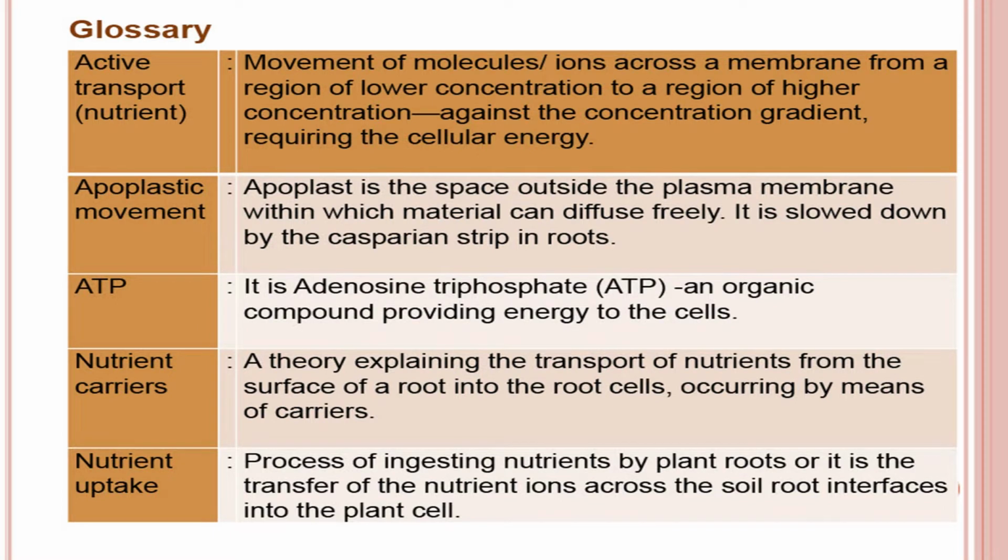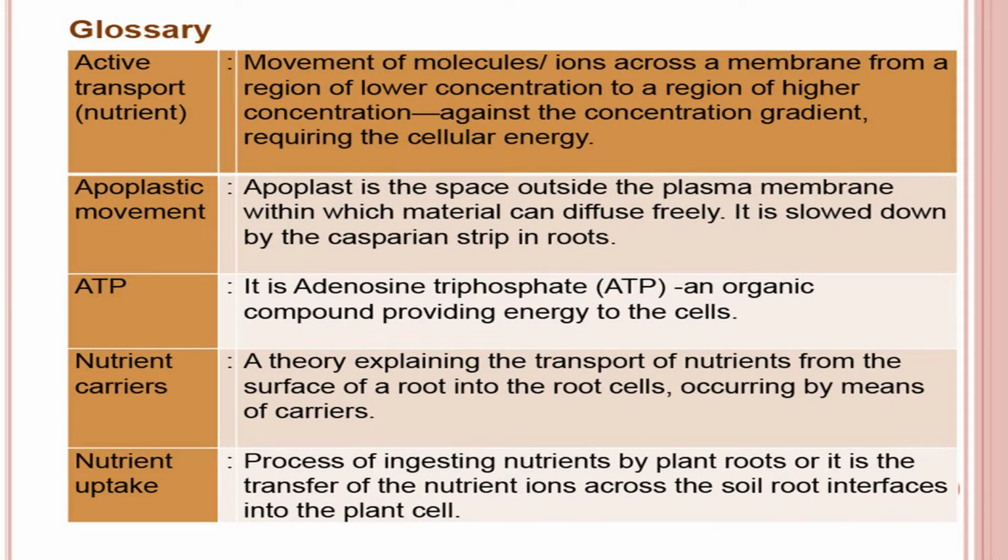Then next is apoplastic movement. Apoplast is the space outside the plasma membrane within which material can diffuse freely. Means it is between plasma membrane and cell wall. It is slowed down by the Casparian strips in roots. Next is ATP. It is known as adenosine triphosphate, an organic compound providing energy to the cell.